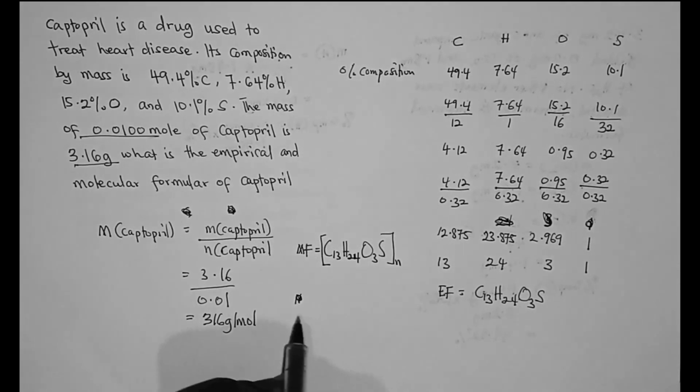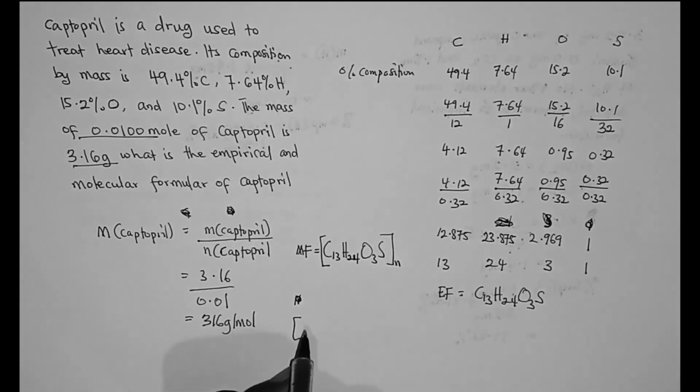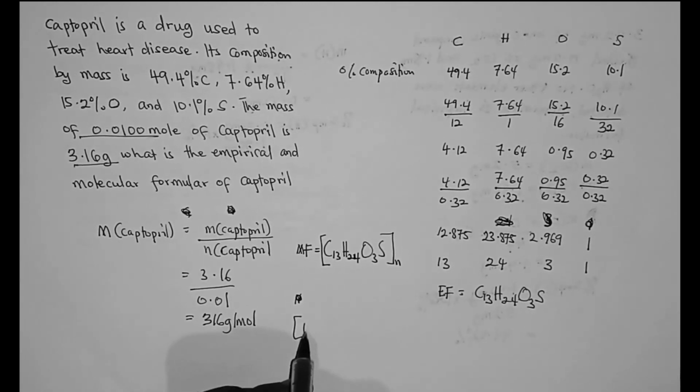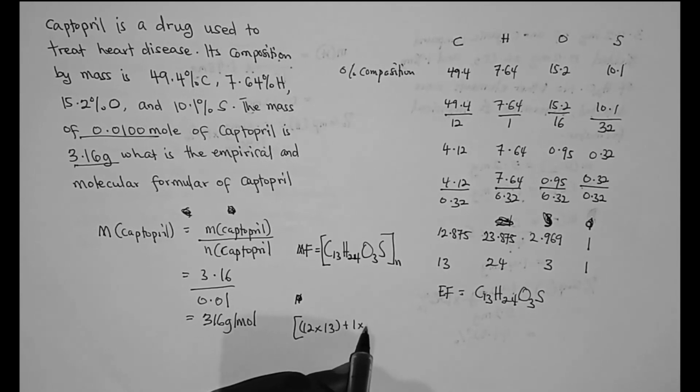So this means, opening a big curly bracket, the atomic mass of carbon is 12, 12 times 13, then plus 1 times 24.